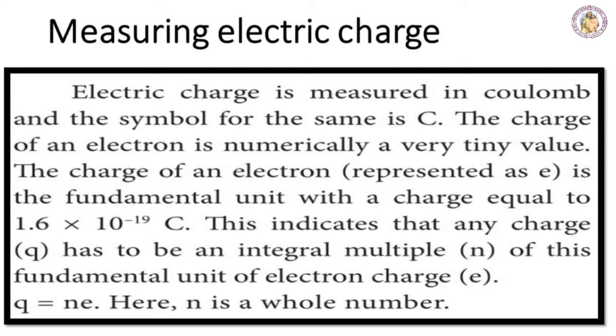The charge of an electron, represented as small e, is the fundamental unit with a charge equal to 1.6 × 10^-19 coulomb. This indicates that any charge Q has to be an integral multiple n of this fundamental unit of electron charge e. That is, Q = n × e, where n is a whole number and e is the electron charge.